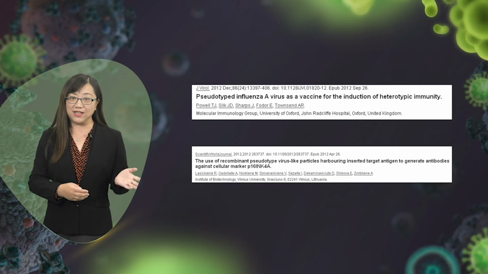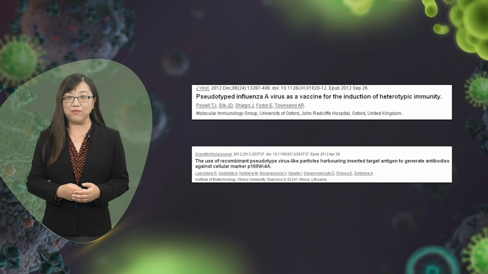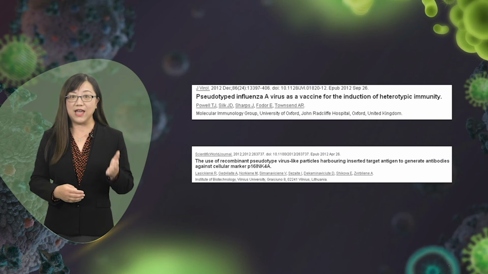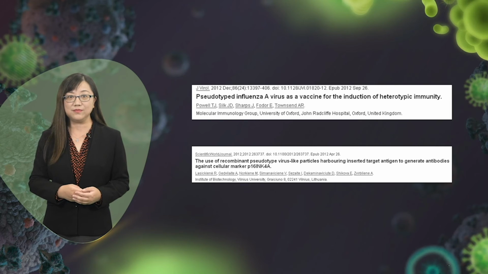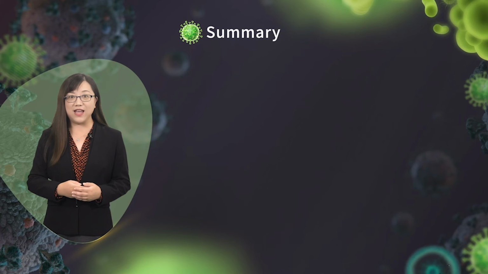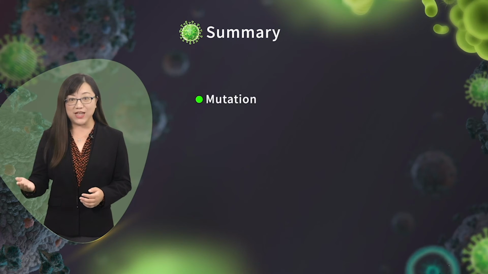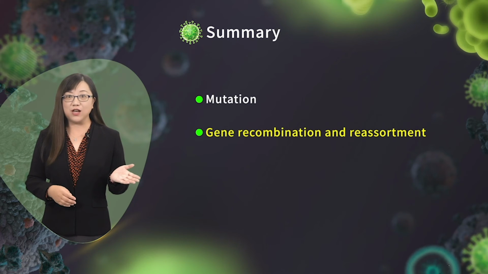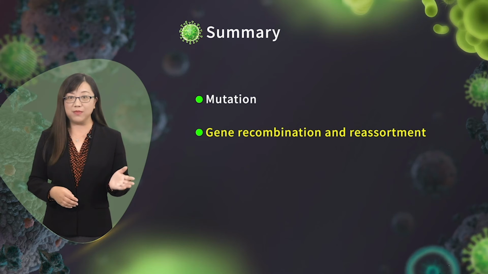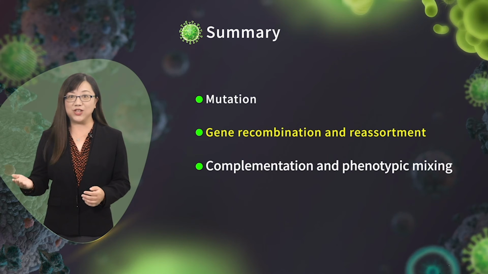Similarly, the second paper used pseudotype virus-like particles to generate antibodies. Viruses can change their antigenicity by mutation, gene recombination and reassortment, and complementation and phenotypic mixing.